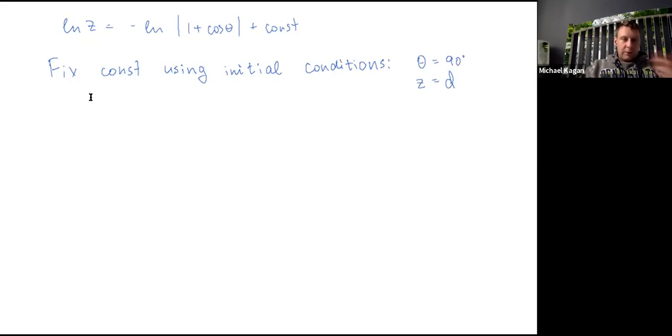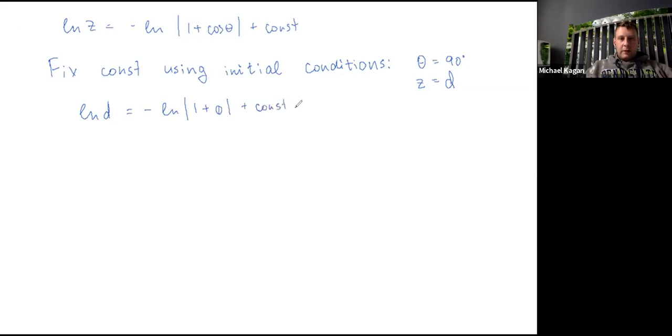Or h for the plane, but we're not doing the plane problem. We're doing the fox and rabbit. So yes, exactly, Leon. We put that in here. We get ln of d equal minus ln of 1 plus cosine of 90, which is 0, plus the constant.